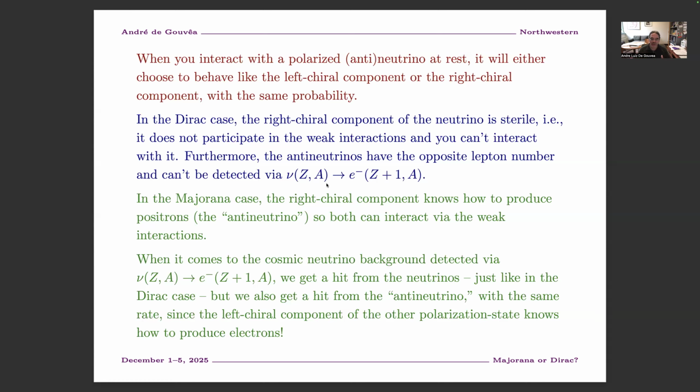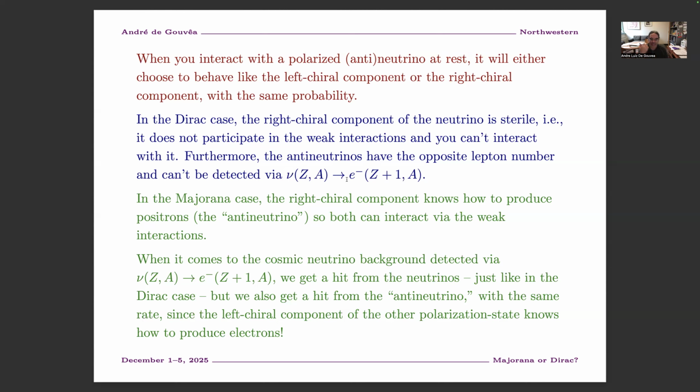If it's not moving very fast, the left-handed helicity neutrino will 50% of the time participate in a left chiral interaction, and it will produce the electron. And the other half of the time, it would like to participate in a right chiral reaction that doesn't exist, so it doesn't do anything. So we get a hit. So the neutrino comes in, and we can produce an electron.